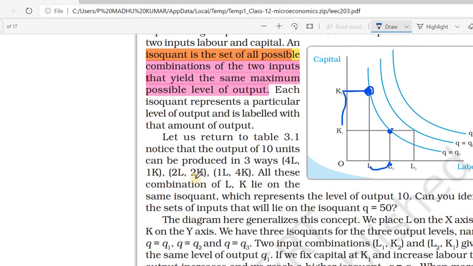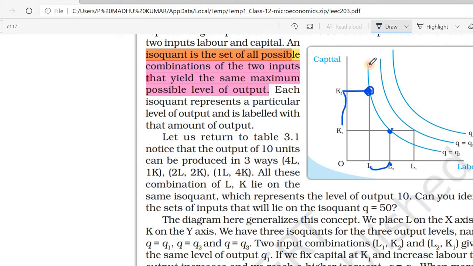Then here 10 units can be produced in 3 ways: 4 labor and 1 capital, or 2 labor and 2 capital, or 1 labor and 4 capital. All these combinations of labor and capital lie on the same isoquant, which represents the same level of output.